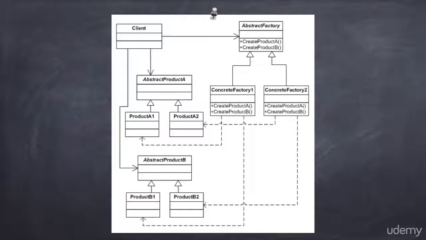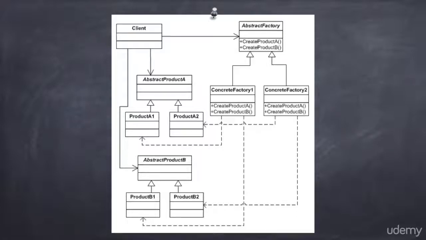On the right-hand side is the factory hierarchy. Each platform gets its own dedicated factory class: Concrete Factory 1 for the first platform and Concrete Factory 2 for the second platform. There's also a common base factory called Abstract Factory.